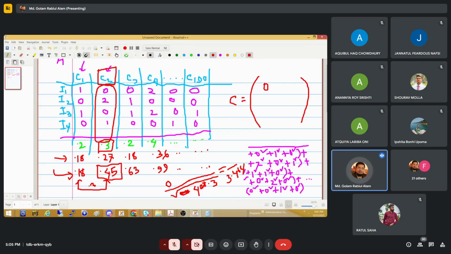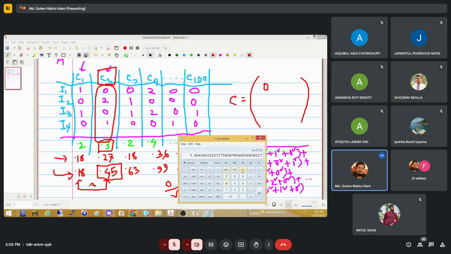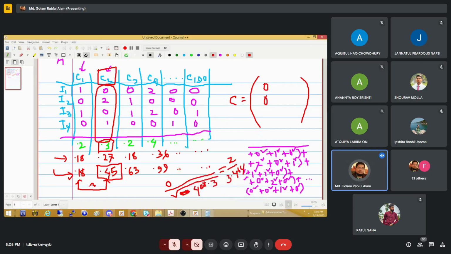And then we have to divide. The first one is 0, but the next one is 2 by 3.464, so that is 0.58. Then the next value will also be 0.